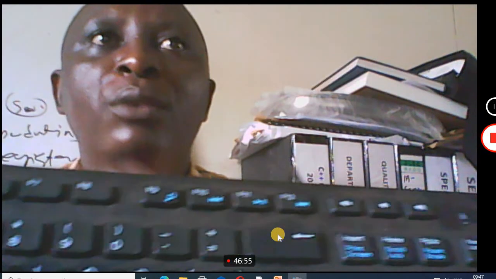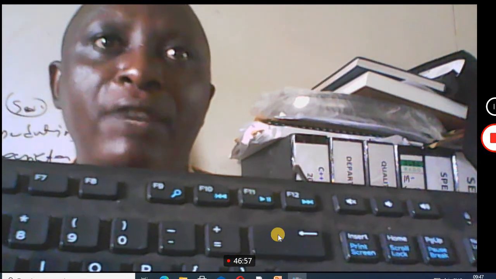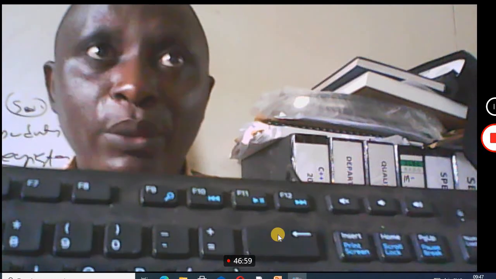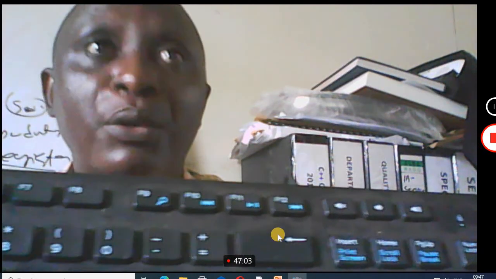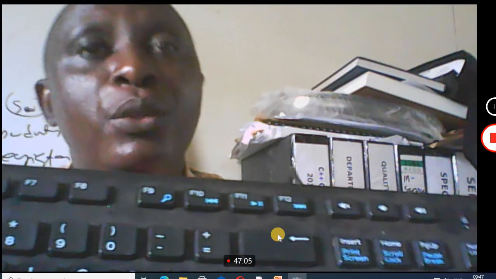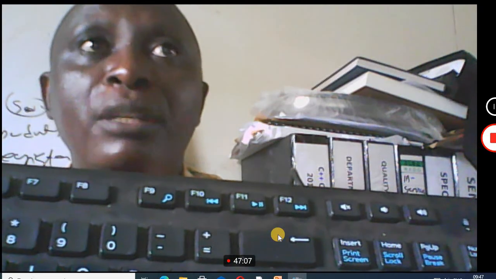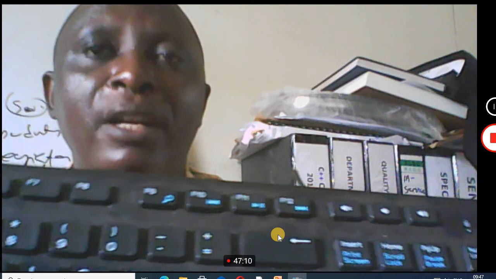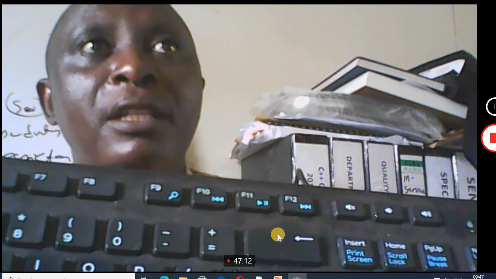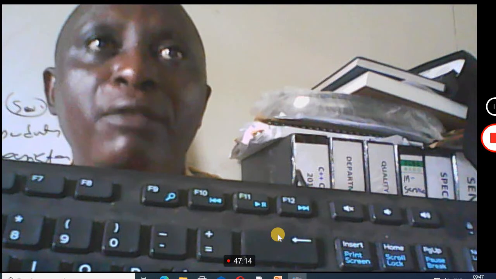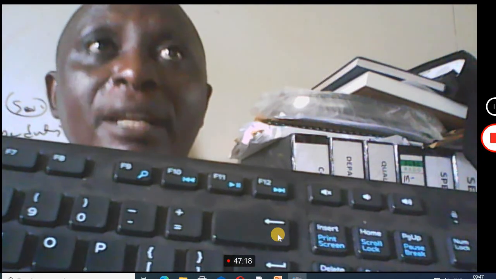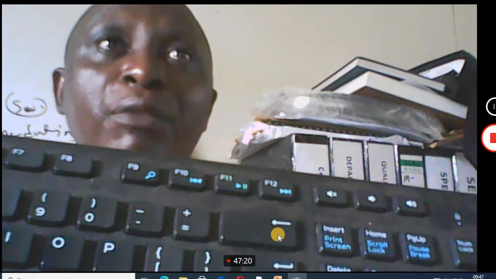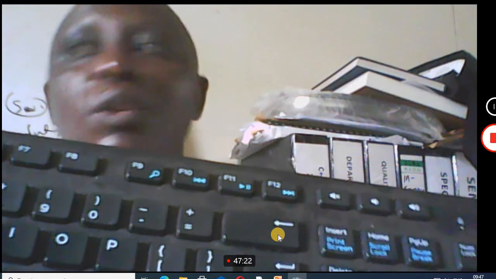Those are the ones that we call function keys. You need to be careful, more especially when you're using other keyboards. There is another keyboard that uses a USB and it can also use PS2. For that keyboard, the F keys are locked by default, unlike this one here where they are turned on by default. So if you're using that type of keyboard, you need to be careful.